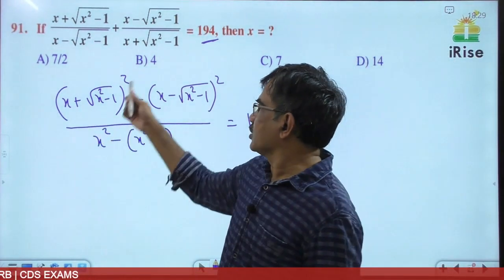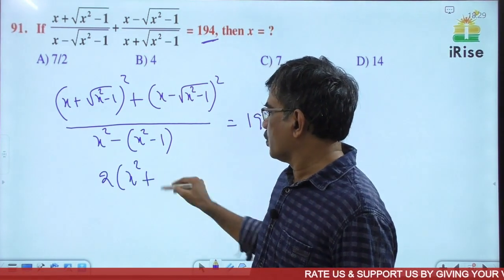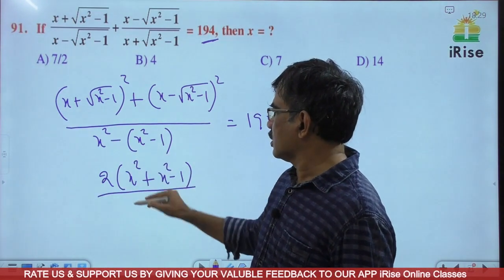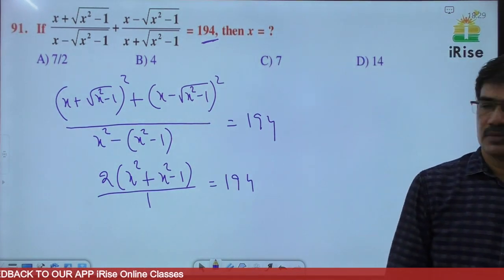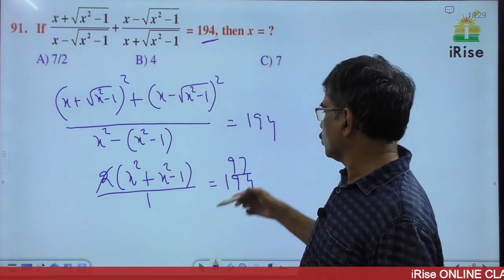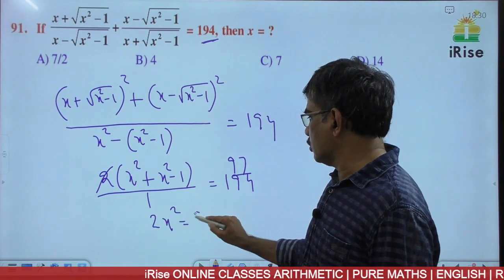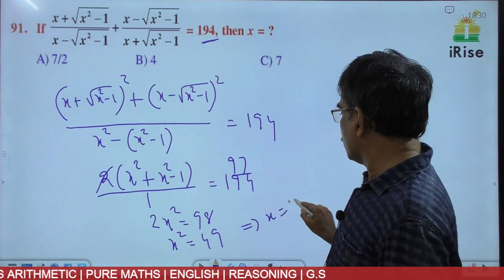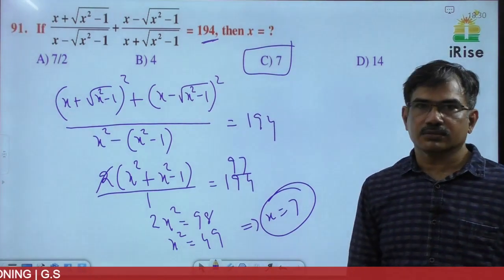This is in the form of a plus b whole square plus a minus b whole square, which is 2 times a square plus b square. b square is x square minus 1, and the denominator cancels, we get 2 times the sum, which is equal to 194. 2 1s, 2 9s 18, 14, 2 7s 14. If 1 is transferred, 2x square is equal to 98, x square is equal to 49, which implies x is equal to 7. So the answer for this question is 7.